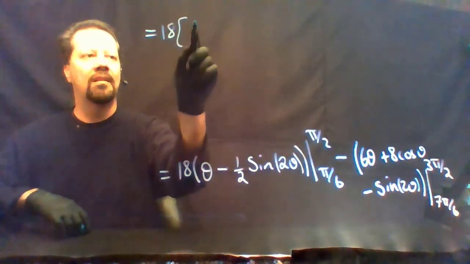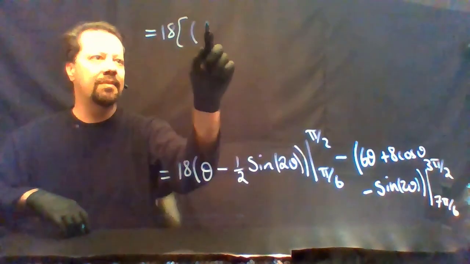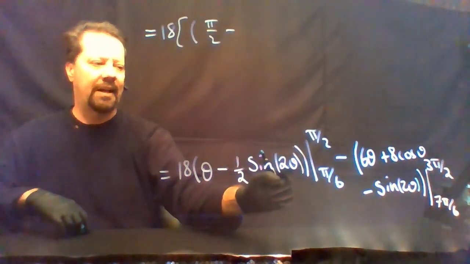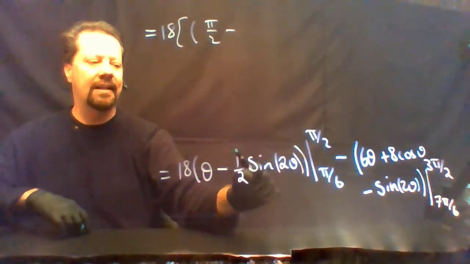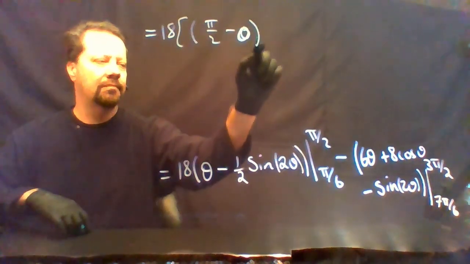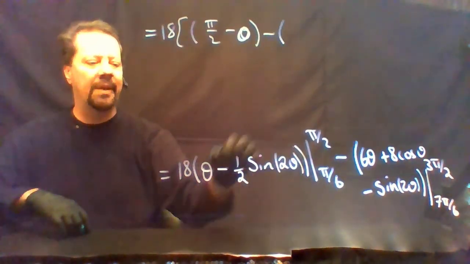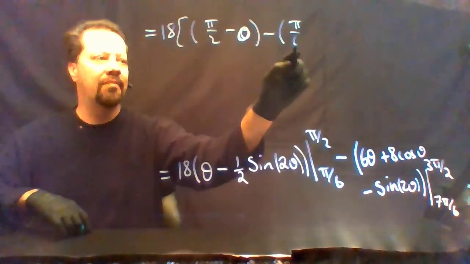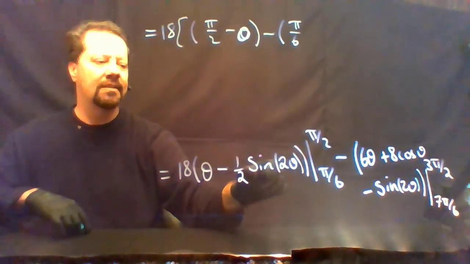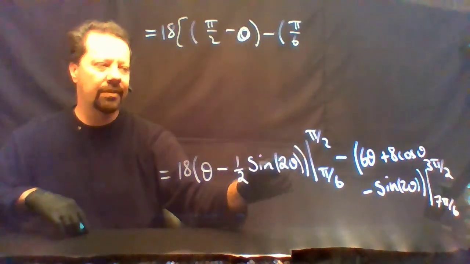Evaluating, we have 18 times the sine of 2 times pi over 2. 2 times pi over 2 is pi, sine of pi is 0. We'll subtract what we get when we plug in pi over 6. 2 times pi over 6 is pi over 3. Sine of pi over 3 is the square root of 3 over 2.